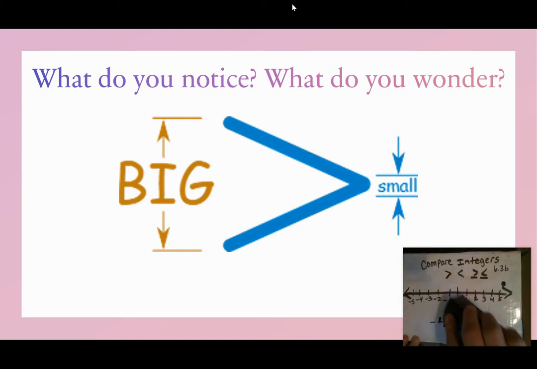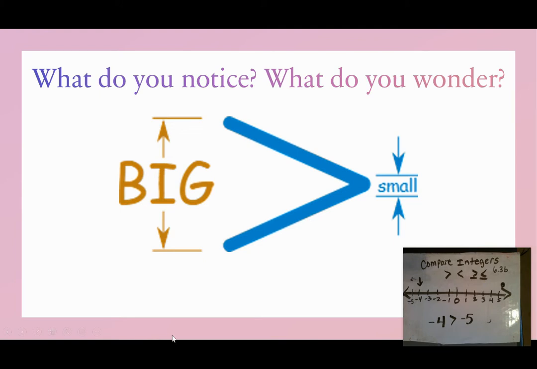That is not the case here because -4 is here and -5 is going to the left, which is less. As you move to the left, you're getting smaller. As you move to the right, the numbers get bigger. -5 is on the left of -4, so -5 is more negative, so it's a smaller number. So -4 is actually greater than -5.